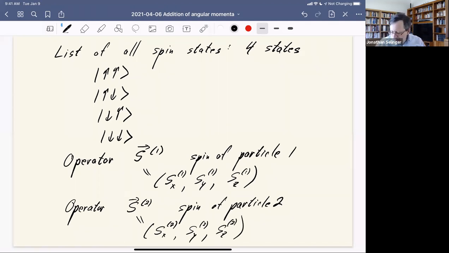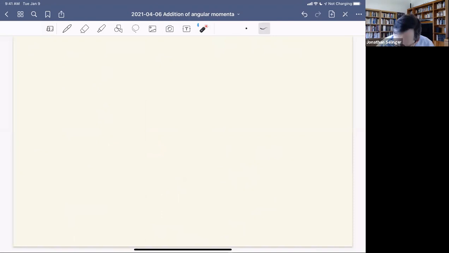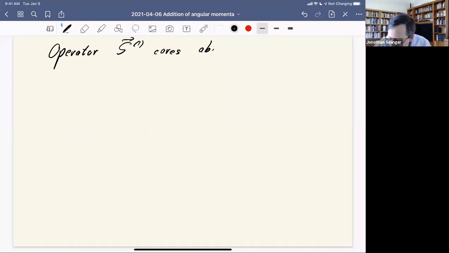And we know what each of these operators does to any of these 4 states. So the spin operator S1 cares about particle 1. It just doesn't care about particle 2.